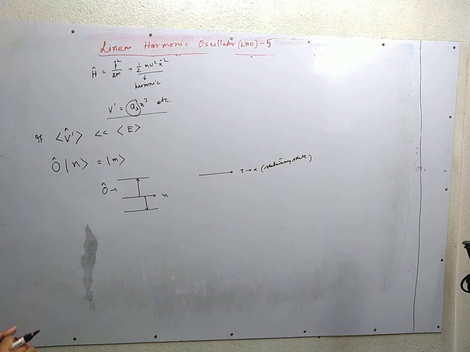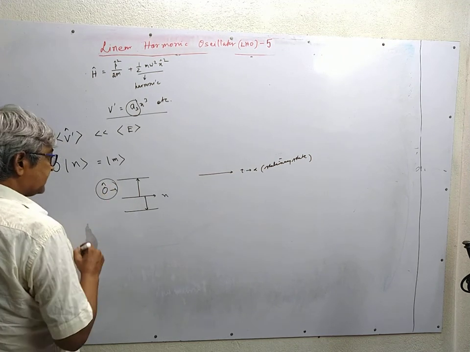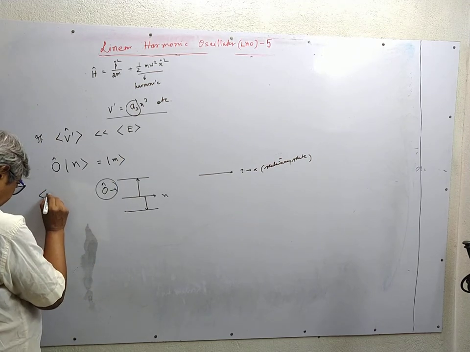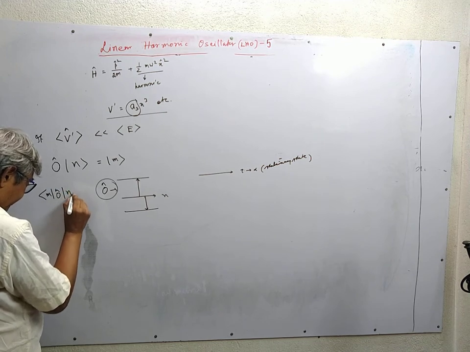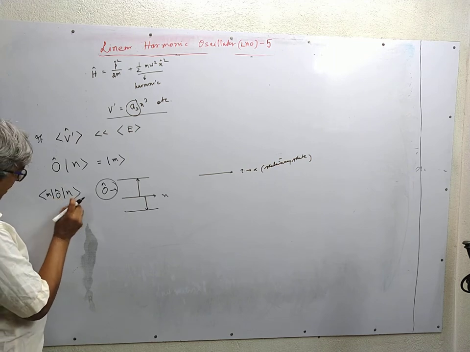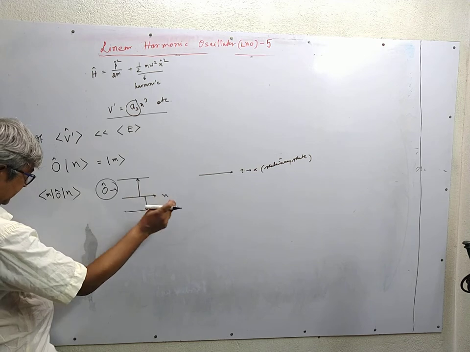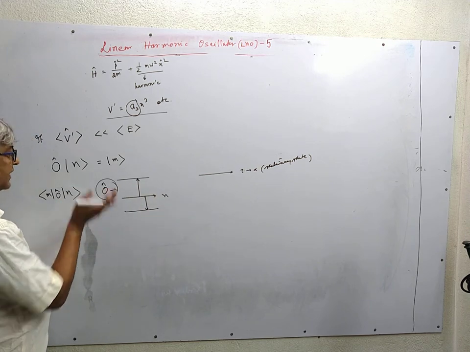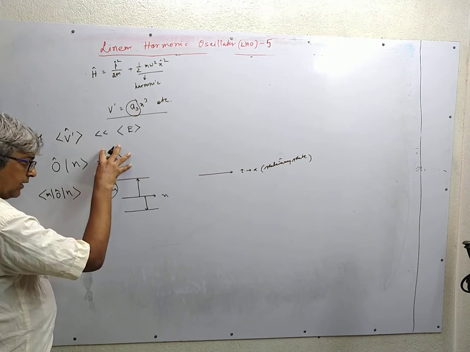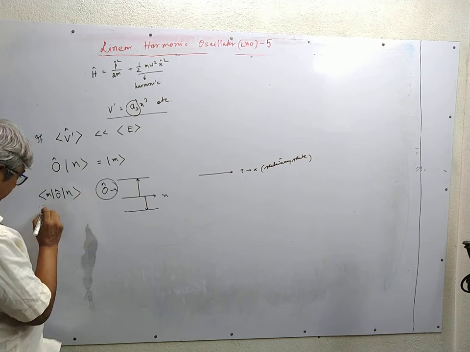Now the question is, is this an allowed process? That is, the concept is that the operator, when it operates on a harmonic oscillator which is in a state n, takes you to another state m. If this is again a harmonic oscillator state, then this expectation value will not be 0.